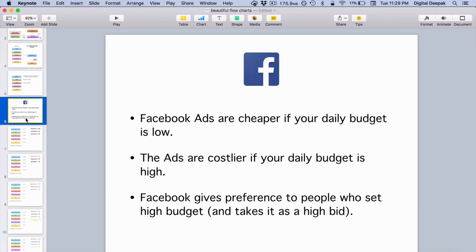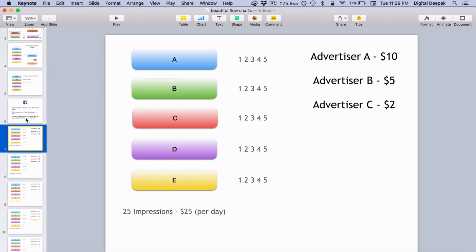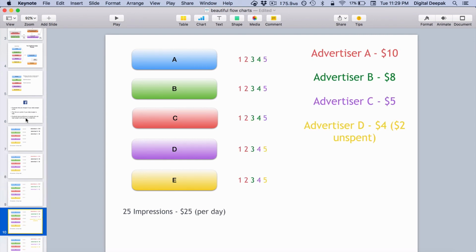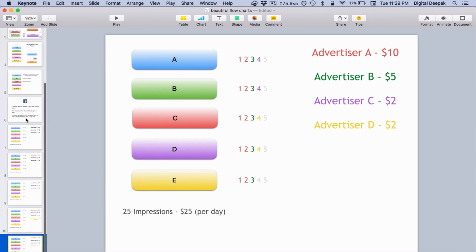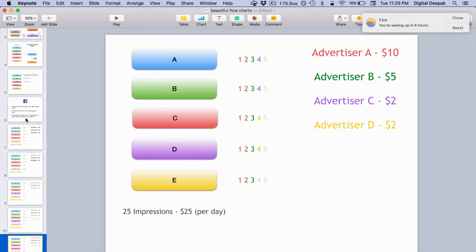So this video is obviously not for everyone, but if you are a bit inclined toward mathematics, then you will find this video interesting. And if you have thought about why Facebook ad cost fluctuates, then this gives you some food for thought. Obviously my model is not complex enough, because if I make it too complex, then many people cannot understand what I am trying to say, and I cannot make it too simple either.